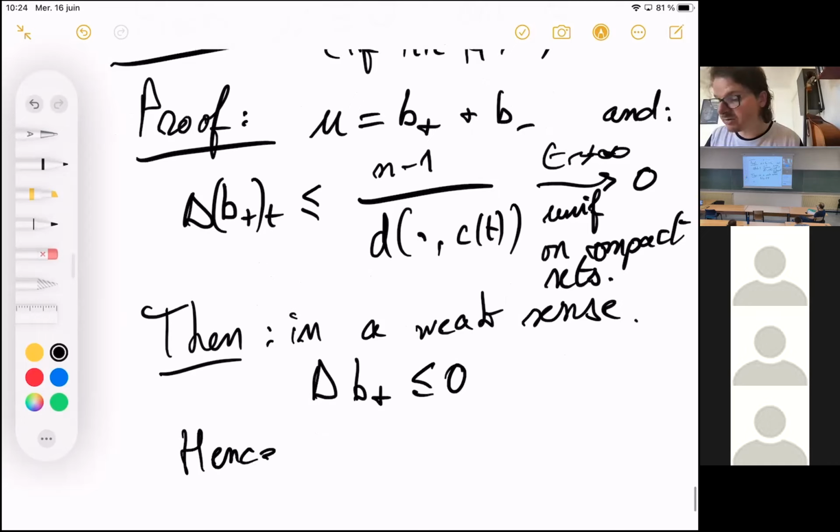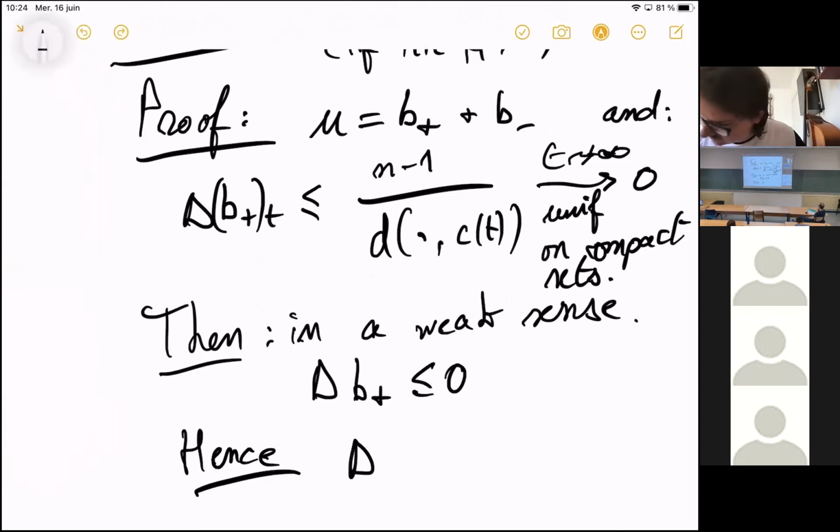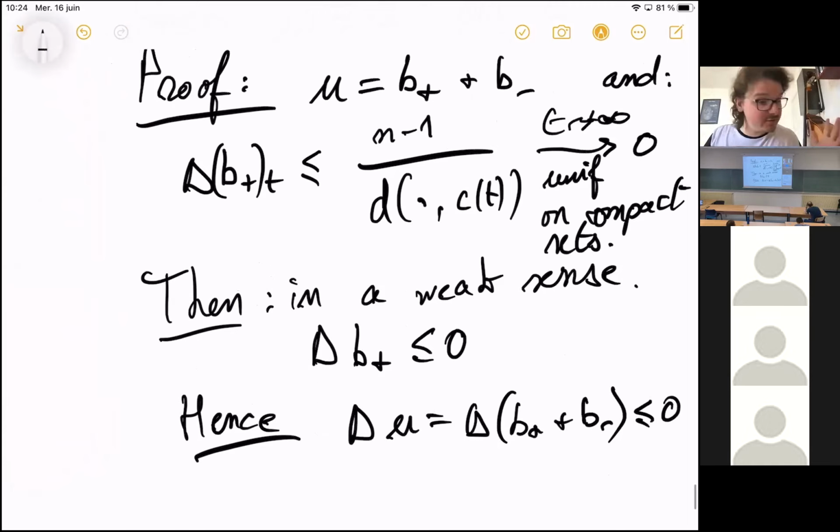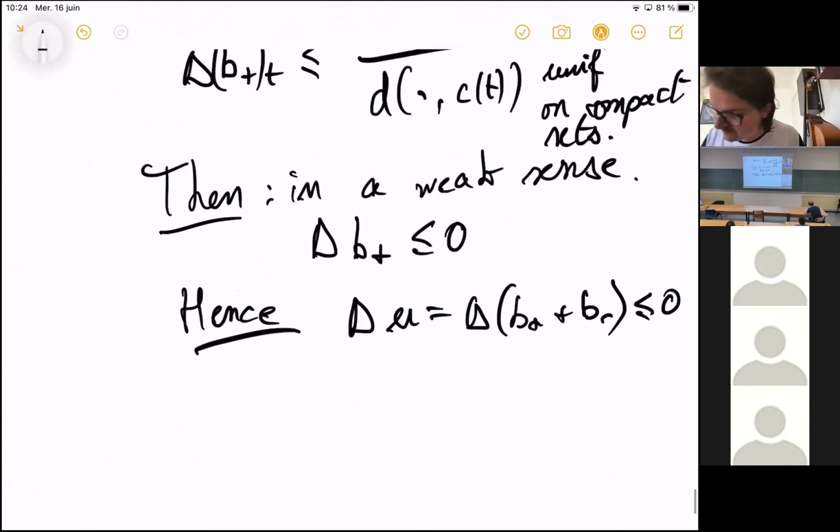And so we can do the same thing with B minus. So we have the Laplacian of U, which is the Laplacian of B plus plus B minus, is less than 0. And so we have a superharmonic function which attains its minimum, and then the maximum principle tells you that it has to be constant.